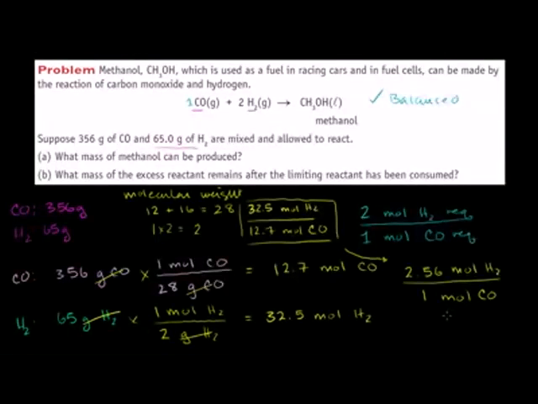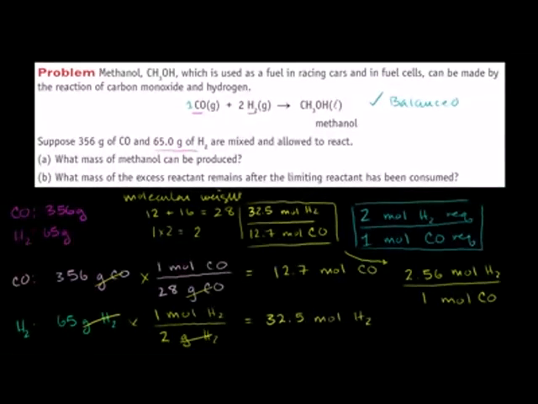So this is what we have, but the balanced equation tells us that we need 2 moles of hydrogen for every mole of carbon monoxide. We have 2.56, so we have more than enough hydrogen. We have an excessive amount of hydrogen.